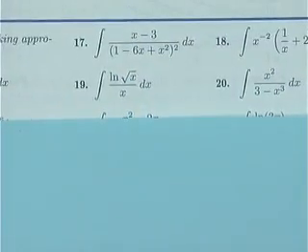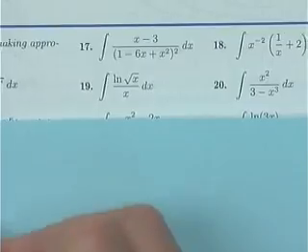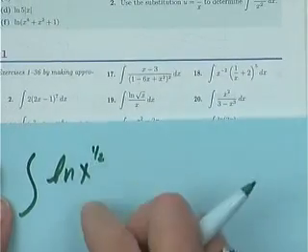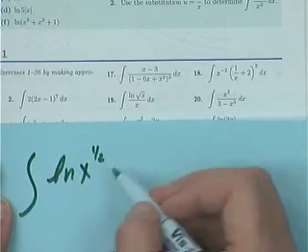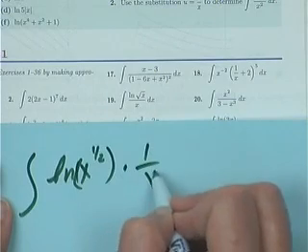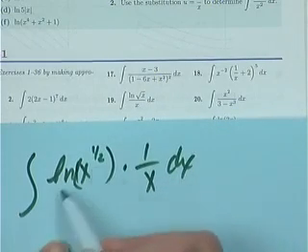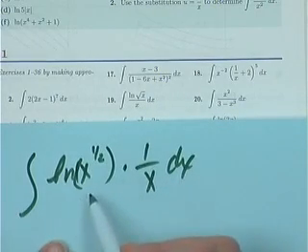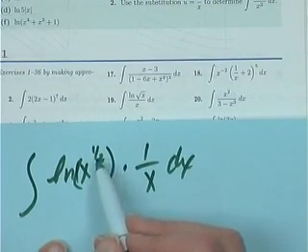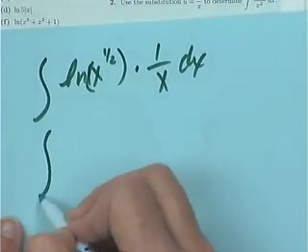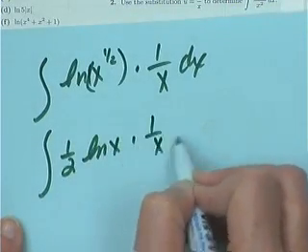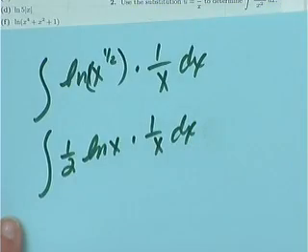When you have natural log of x, and it's only the x raised to the 1/2 times 1 over x dx, how can you use your properties of logs to simplify here? What can you do with that 1/2? Move it in front. So you have 1/2 natural log x times 1 over x dx.